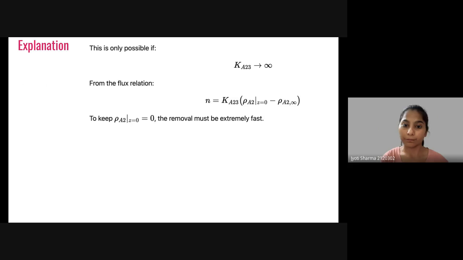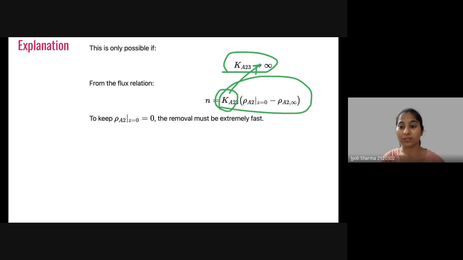And one important thing is that this is your convective side flux. So how can it be 0? This will be 0 only when this approaches infinity. So this is your mass transfer coefficient. It means whatever is going to the interface, the speed is so fast that it will be removed.